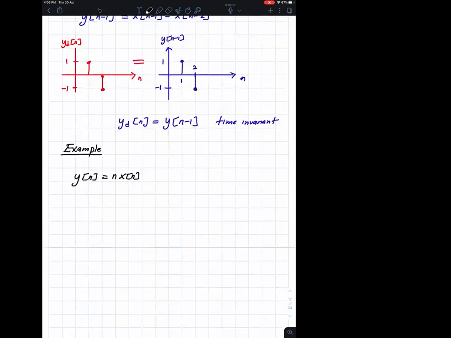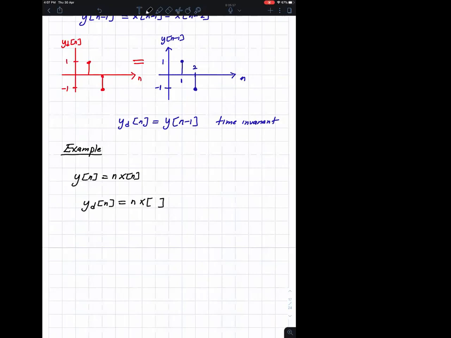Now you want to know whether it's time invariant or not. So let's find out what's y d n. That is simply replacing the input, it's just delaying the input. What is the input here? The input is whatever is inside here, right? The input is x n.